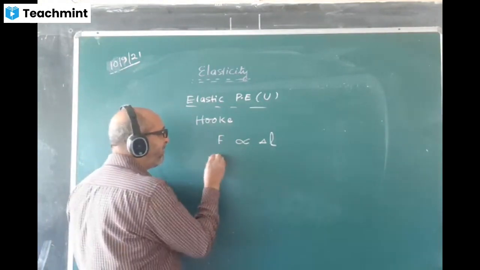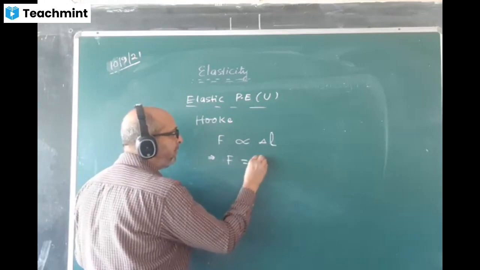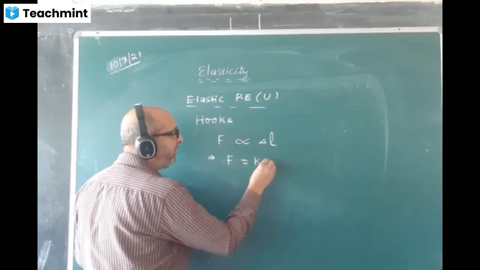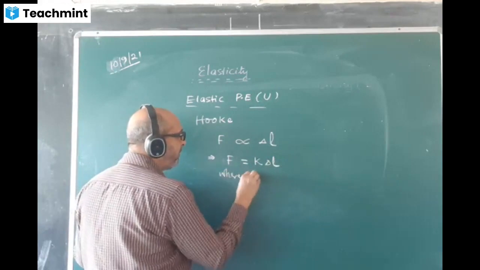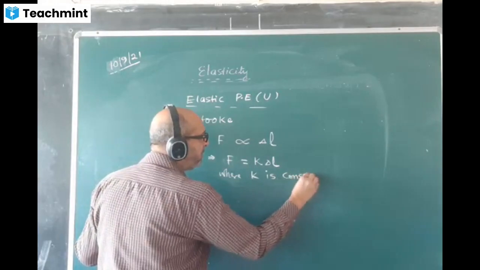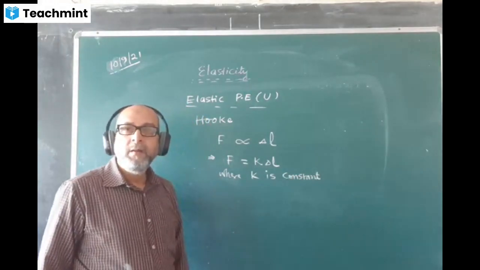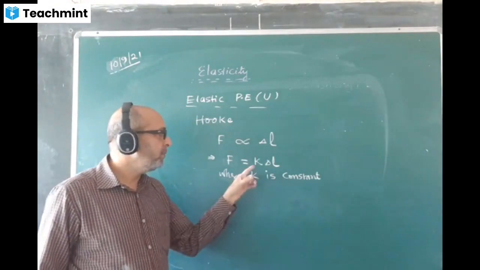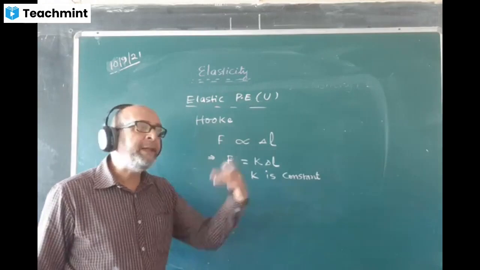So now next line you write F equal to K delta L, where K is constant. This sign we change with an equal sign by multiplying the right hand side by a constant K. If it is a spring, we call it a spring constant.